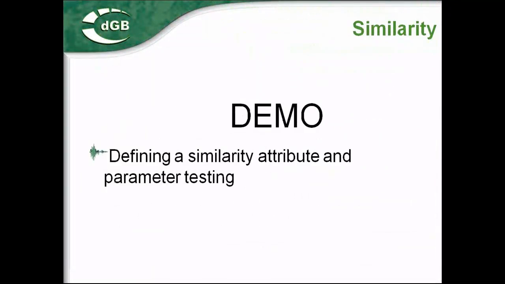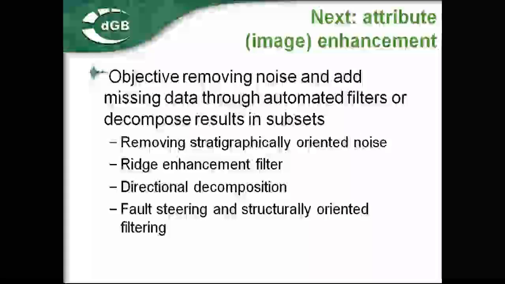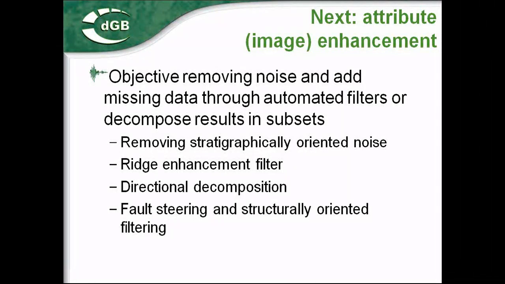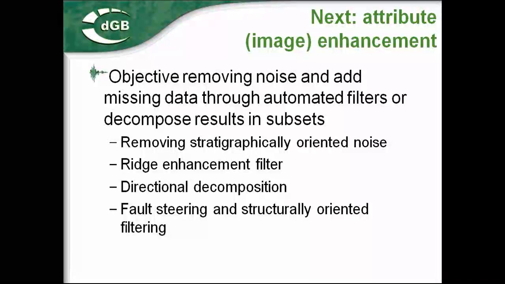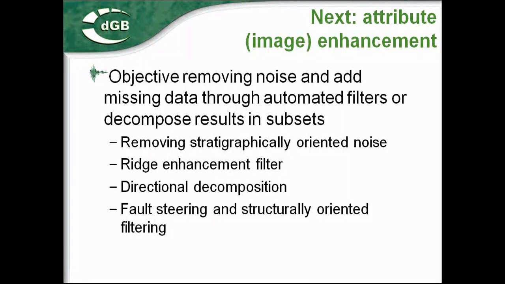What I want to do now is talk a little bit about attribute or image enhancement. Once you created the similarity attribute, you processed it as a volume, you often still have like, hey, this could be a little bit crisper, or I have some noise still, and that is what you address in the subsequent attribute or image enhancement step.